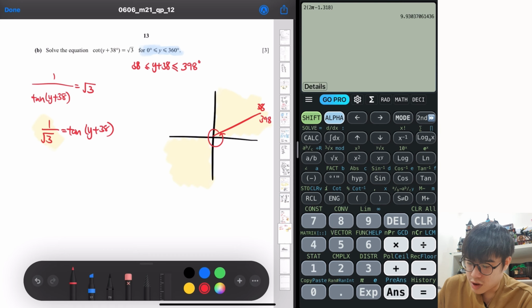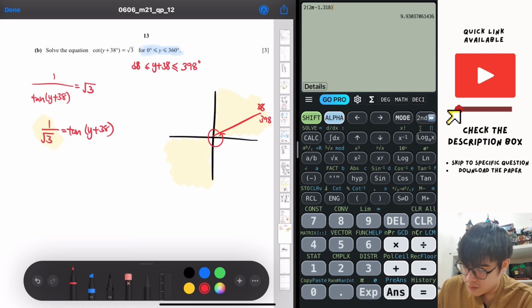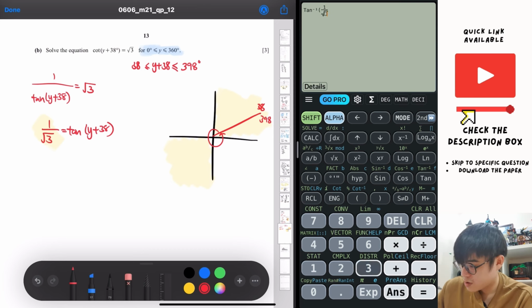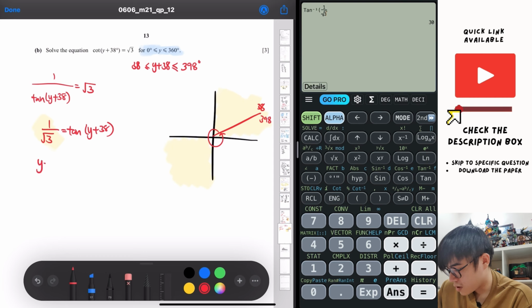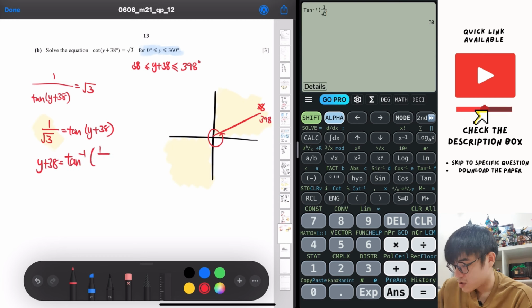Okay, so change it back and then key in tangent inverse 1 over square root 3. y plus 38 equals tangent inverse 1 over square root 3.